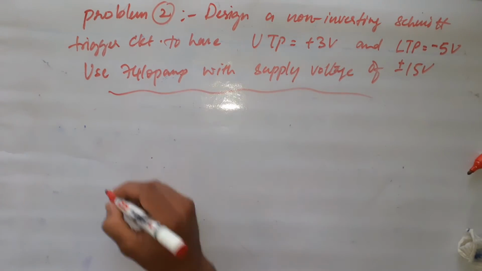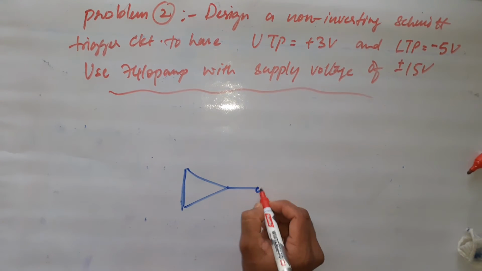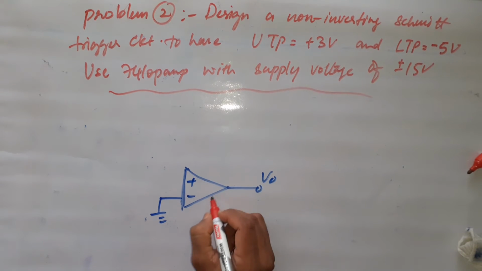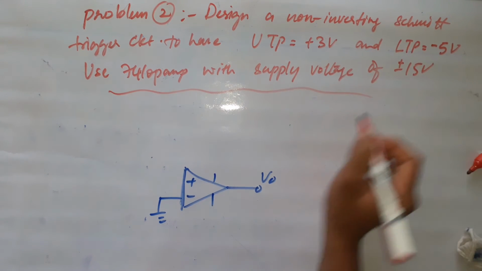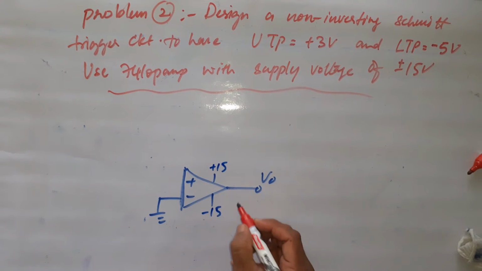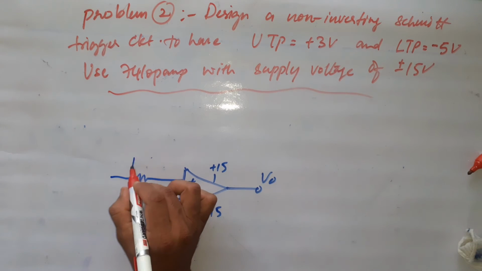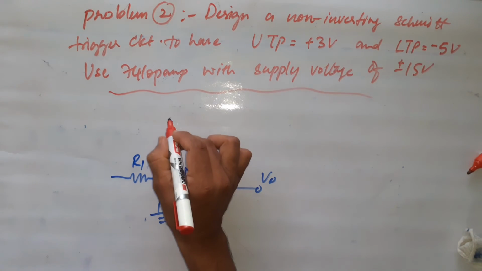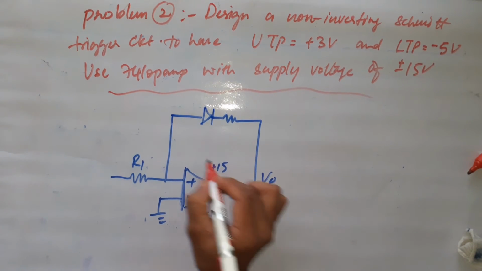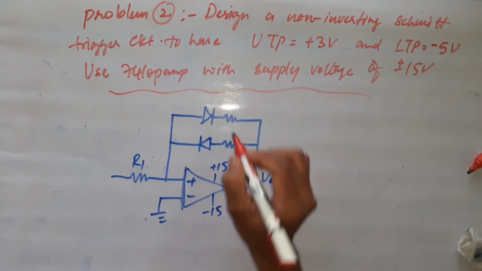How is the circuit? Positive, negative, grounded. If plus or minus 15, VCC is going to be plus 15 and minus 15, and here you will be having one resistor R1, diode, resistor, another diode, resistor, right?